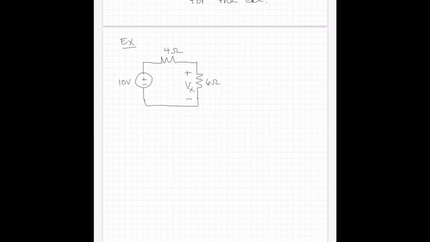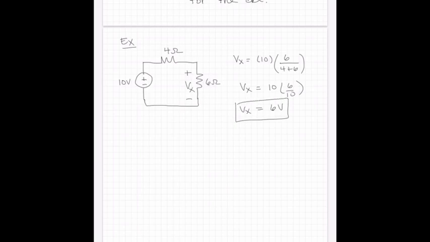So by voltage division, Vx is equal to the total voltage available to us, 10, multiplied by the fraction or the ratio of the resistor we want to know about, 6, divided by the series combination, which is 4 plus 6. So Vx is equal to 10 times 6 over 10, or this is equal to 6 volts.